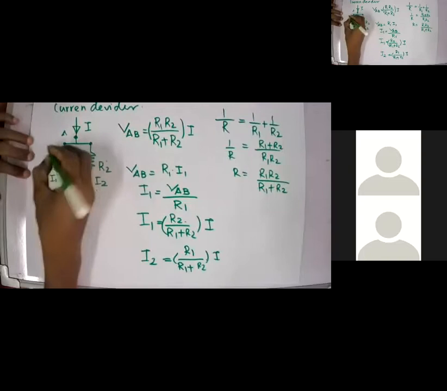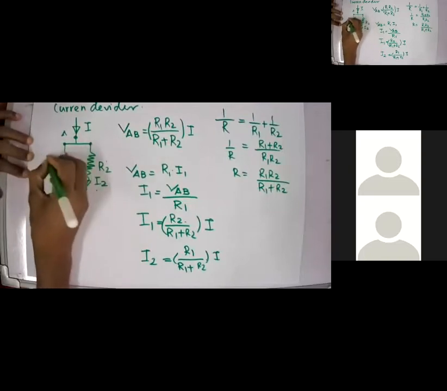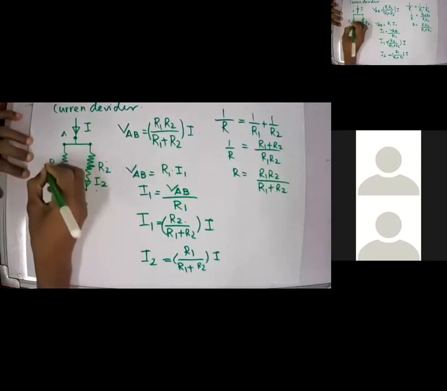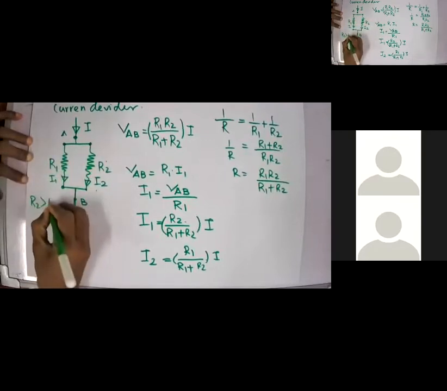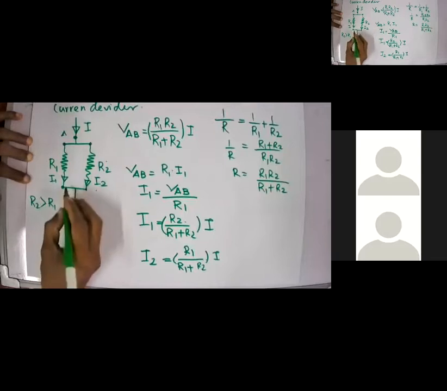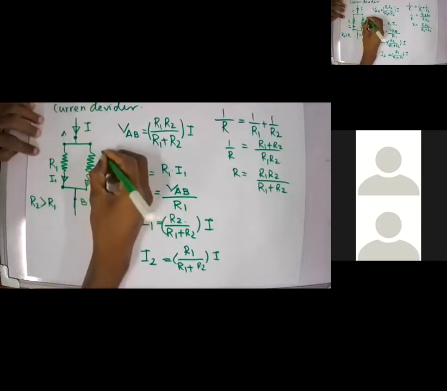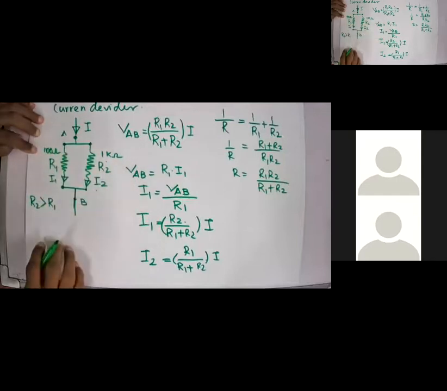Now, for example, if R2 is big, R2 is greater than R1. If R2 is a higher resistance, consider it as 1 kilo ohm resistance, and this one has 100 ohm resistance, right? So I will have high current through the low resistor. Am I right?